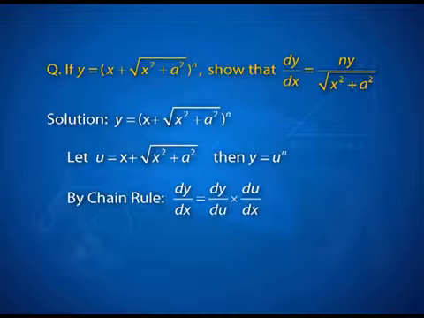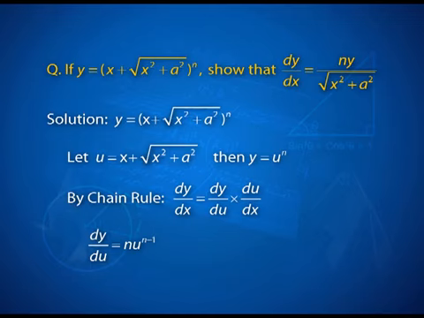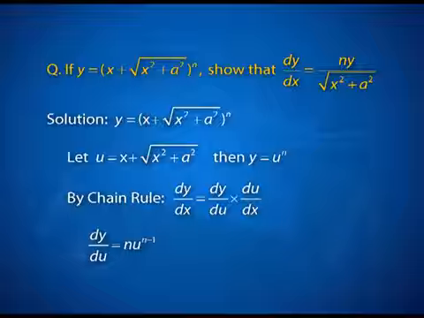Now, the derivative of y with respect to u is nothing but n u to the power n minus 1. It is the derivative of u that needs more work. So, again going back to our function u, which is of course x plus root x square plus a square, the derivative of y with respect to u simplifies to be this expression.